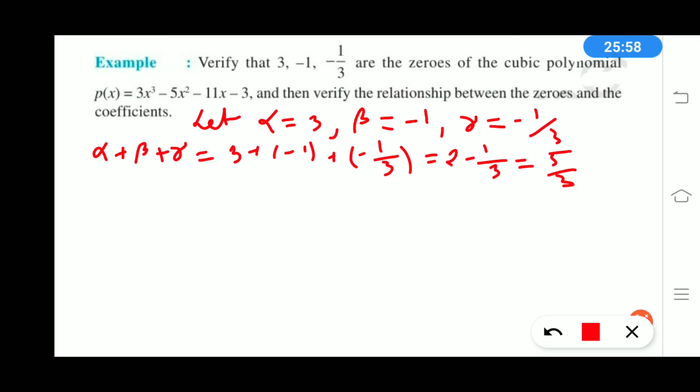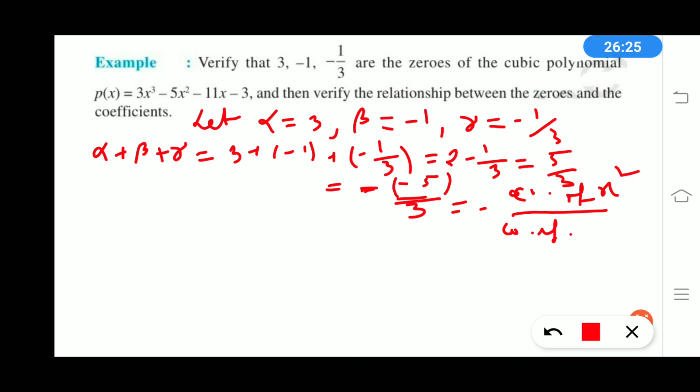This 5 by 3 can be written as minus of minus 5 divided by 3. So minus 5 is the coefficient of x square and 3 is the coefficient of x cube. Clear?